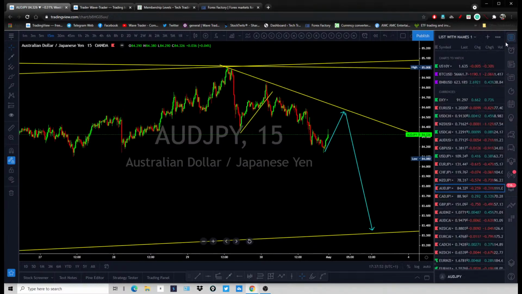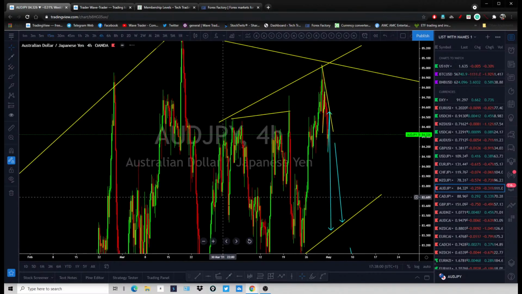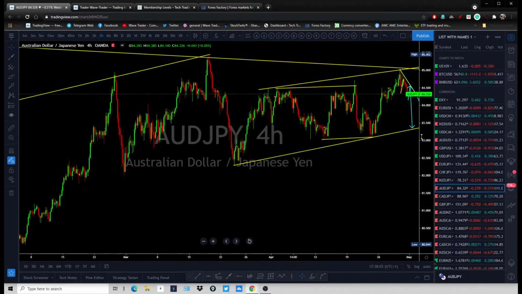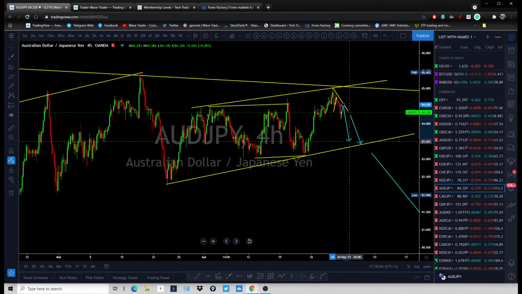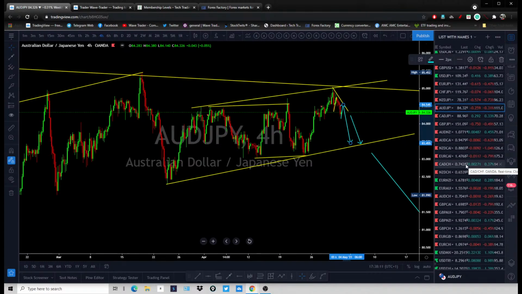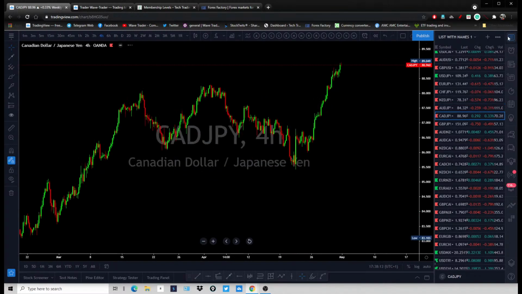Bearish wave. If you don't follow these 15-minute time frames, then you can simply stick to the bigger time frame. You can follow the 4-hour or 1-hour time frame if you don't understand the price movements on the 15-minute time frame.